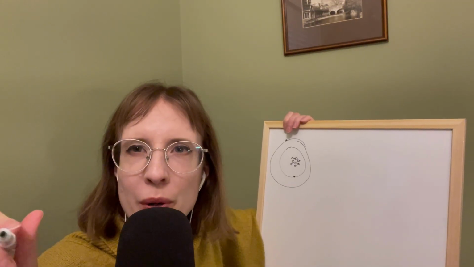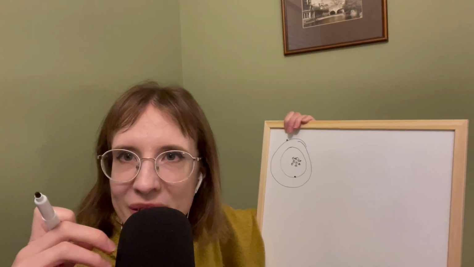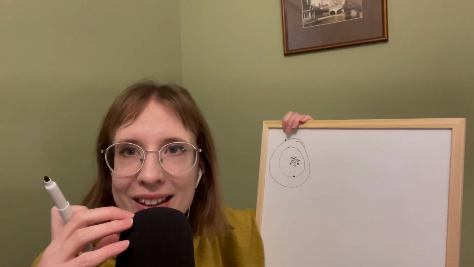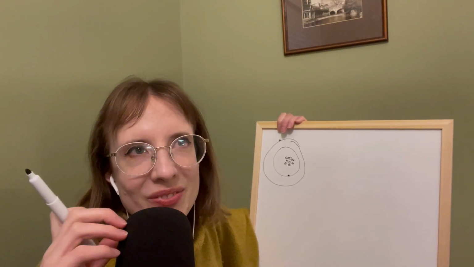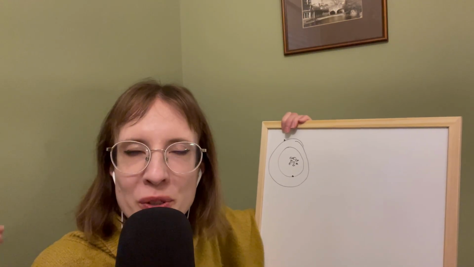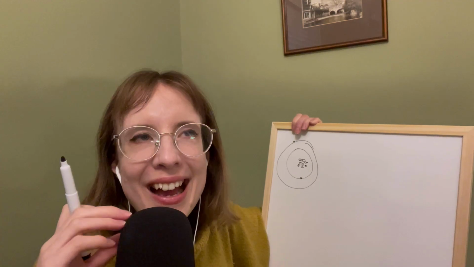That was one of the models suggested, I think. But now we know that's not true. Electrons are found in these things called orbitals. And orbitals and orbit is a very similar word, isn't it? So I think that's why it still confuses lots of people. But it's not the same thing.